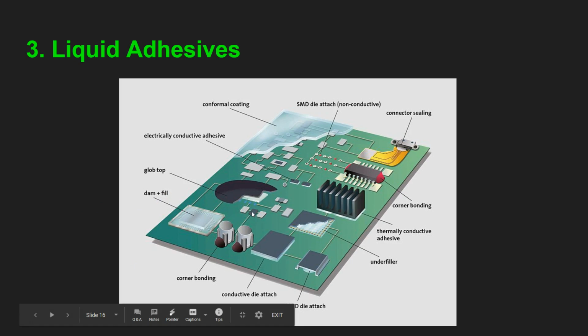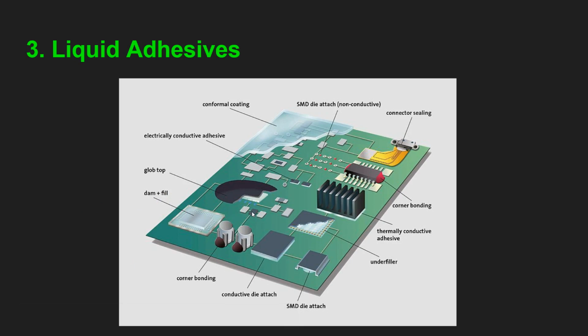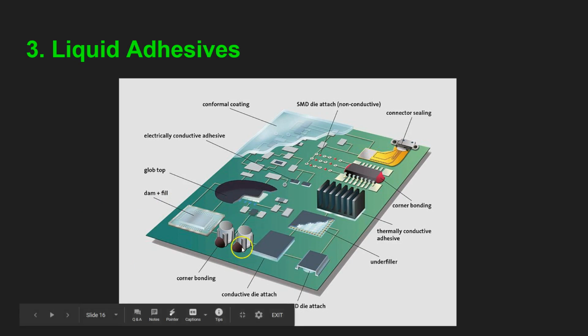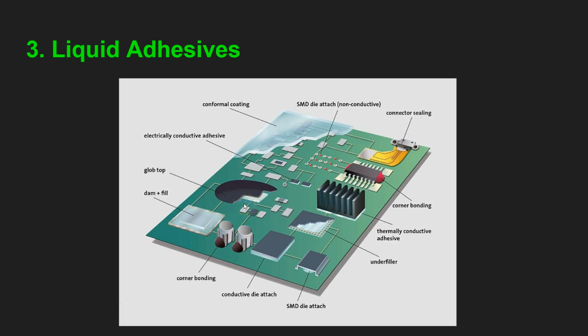To protect sensitive components, adhesives are applied to PCBs as glob tops, as you can see here, coating, or underfill for chips. You can see here an example of underfill.